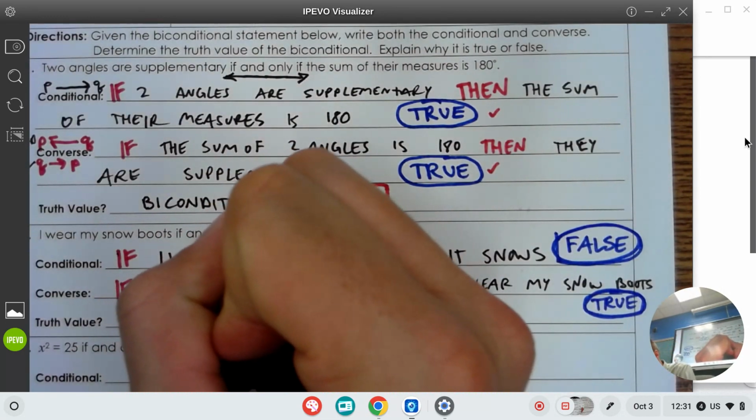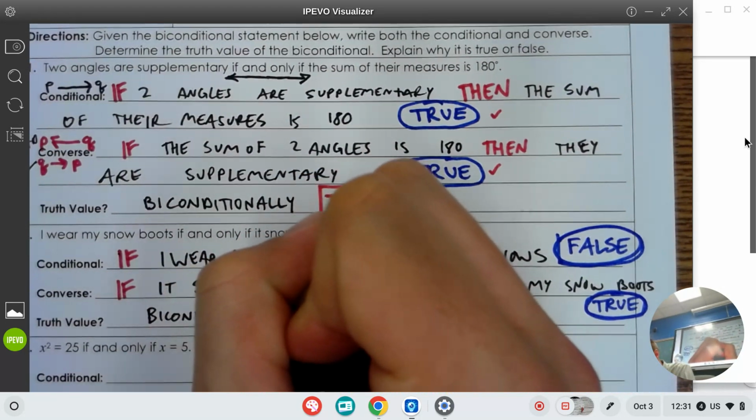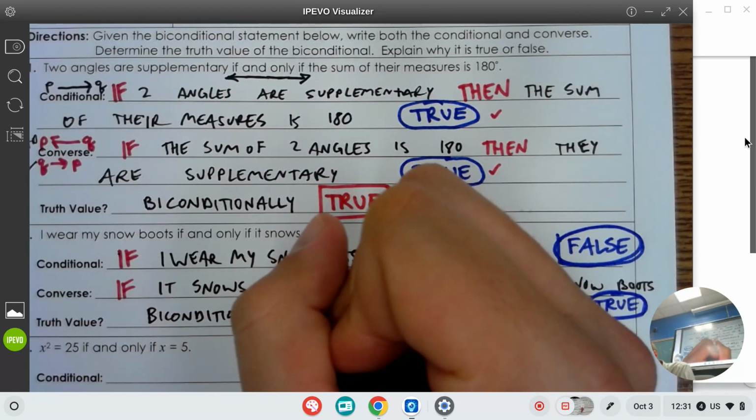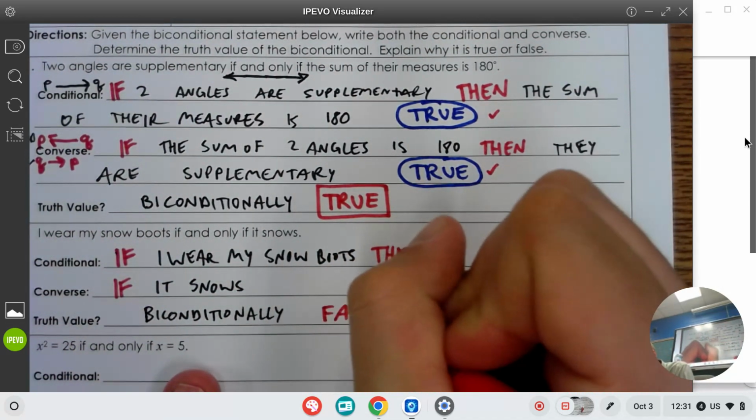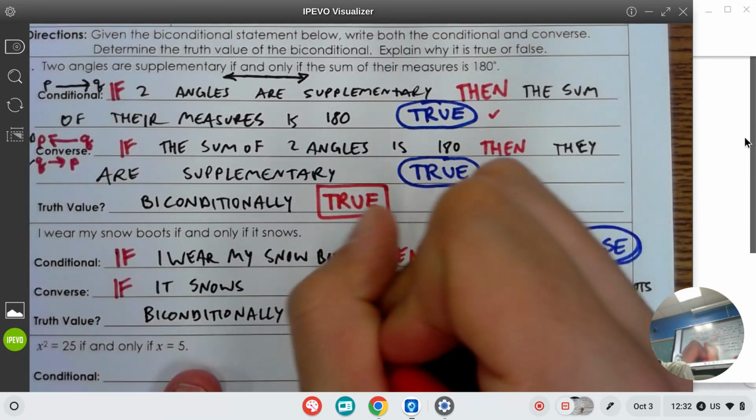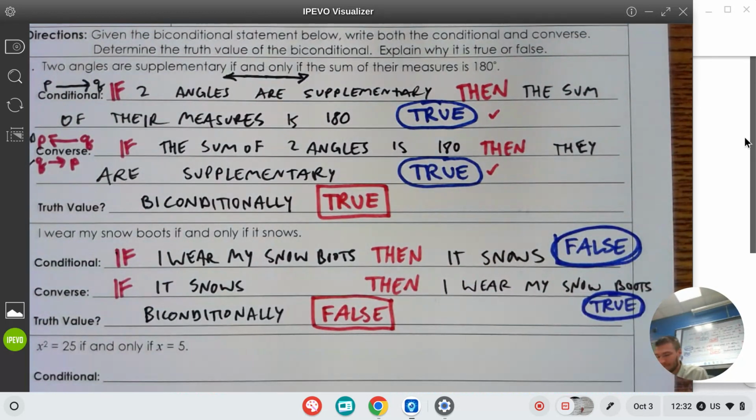This is biconditionally false. It does make sense that if it snows, I wear my boots, but it doesn't make sense that if I wear my boots, then it snows.